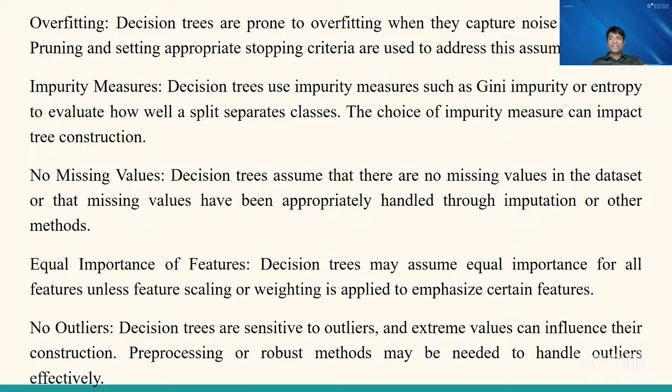Once they are given that equal importance, then we can start calculating on which features the emphasis for dividing should be placed. Next is no outliers. Like no missing values, the expectation of a decision tree is that there are no outliers in the data set.